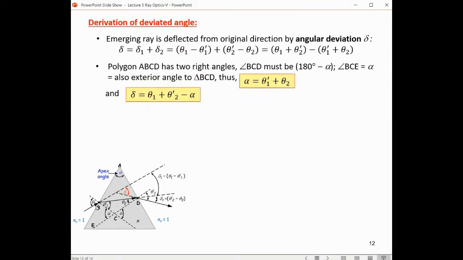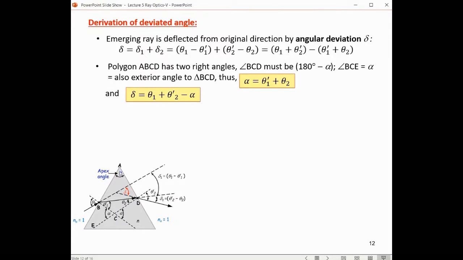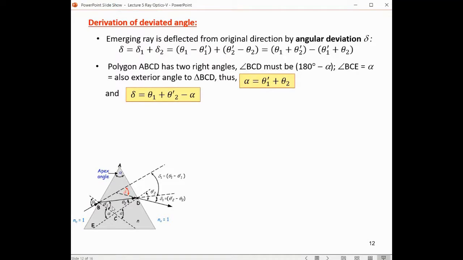Let's check this polygon out. A, B, C, D. This is a right angle. This is a right angle. Hence, this angle alpha and this angle BCD should add up to be 180 degrees.